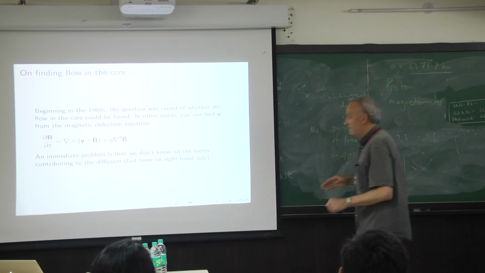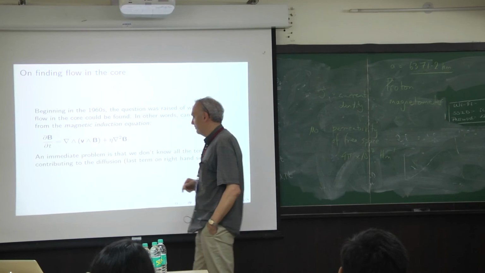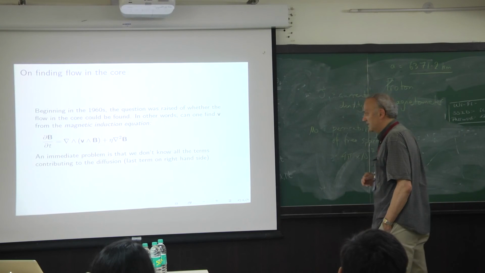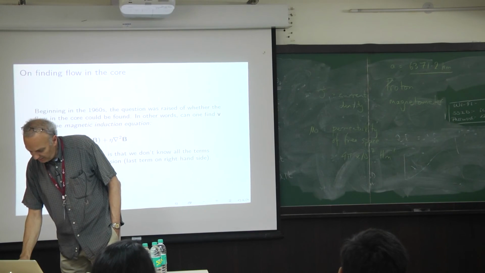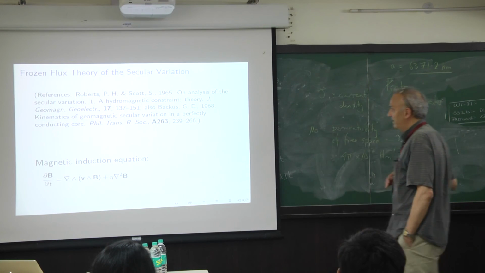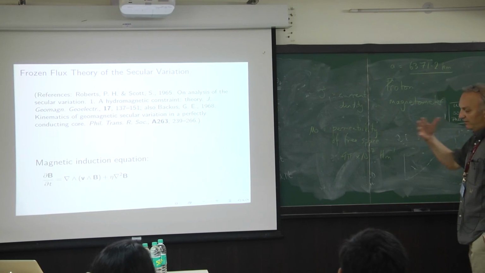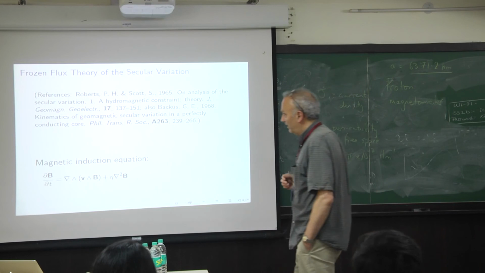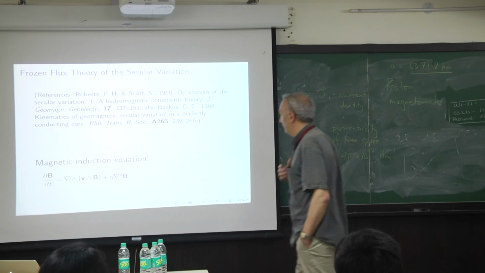I've said the immediate problem is we don't know all the terms that contribute to this term here. But there's a way around it: the frozen flux theory of secular variation. It's using what Alex said was Lundquist's theorem, really, I suppose.